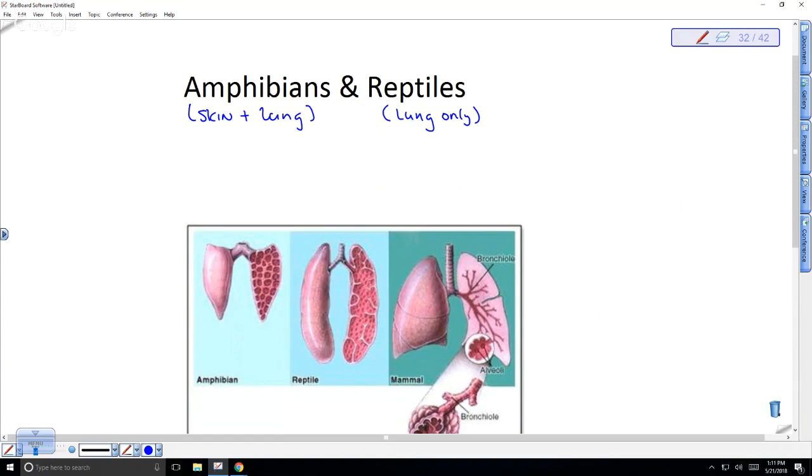Okay. So they have what is called positive pressure breathing. So they force the air into the lungs.